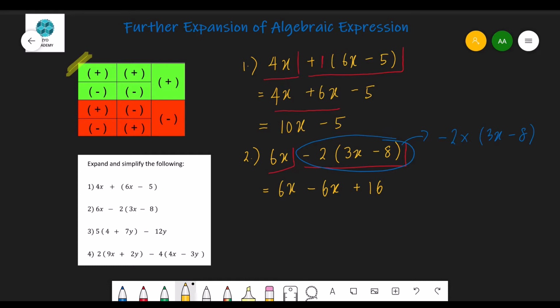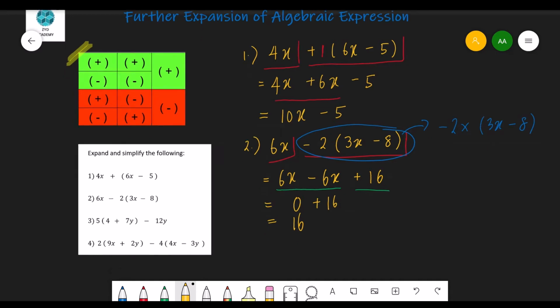Lastly, we need to simplify, and let's look at our like terms. We only have one kind of like terms here, and the other is just a number. So 6x minus 6x becomes 0. So we have 0 plus 16, so essentially it becomes 16. This is how we do number 2.